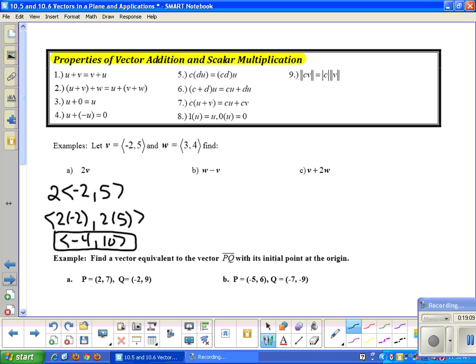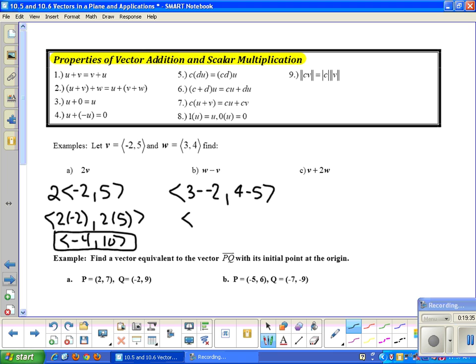If I want to do the next one, we have w minus v, and again, it matters in which order you're going to subtract them. So w has to come first, and then v would be the second. So the x's are the first coordinate, so we have 3 minus negative 2, comma, and then we have 4 minus 5.